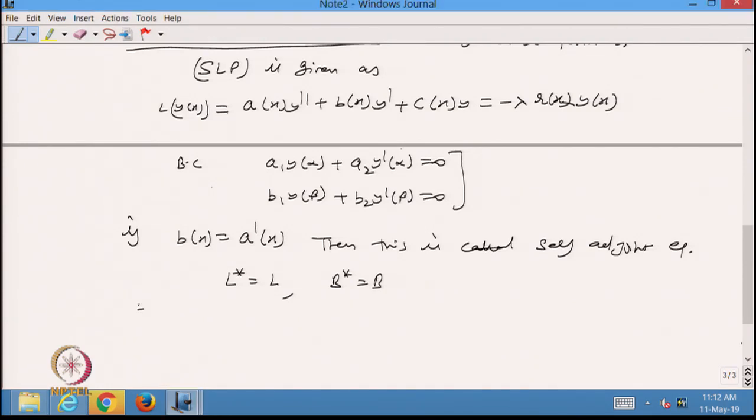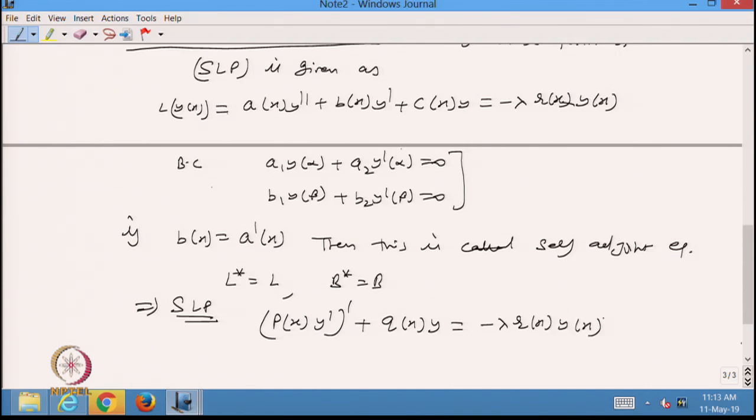In this case the given Sturm-Liouville problem reduces to (P(x) y dash) dash + Q(x) y = -lambda R(x) y(x).